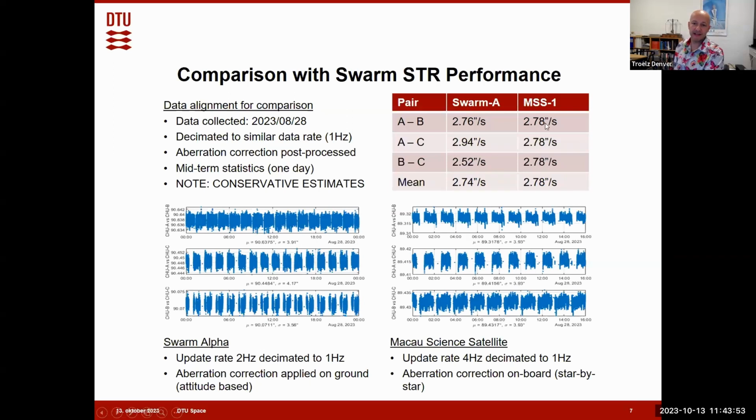In the next decimal, there's a variation. In all circumstances, when I perform mean averaging of the heads, I end up at something that is almost unbelievably identical to what we observe on Swarm. So they compare extremely well, the star trackers on Swarm A and MSS1.